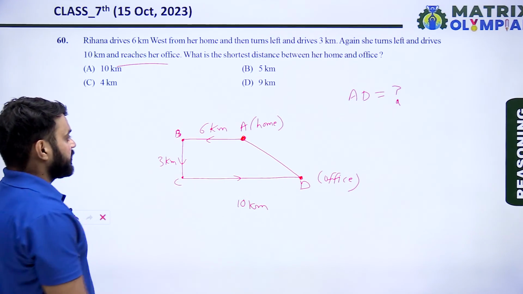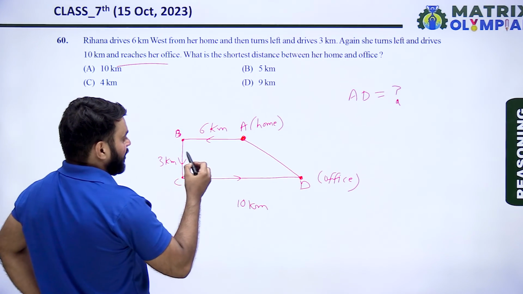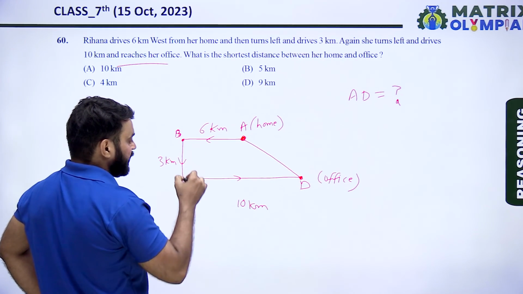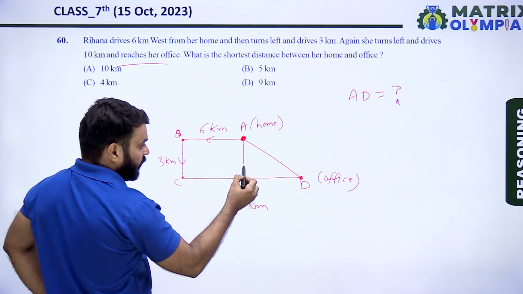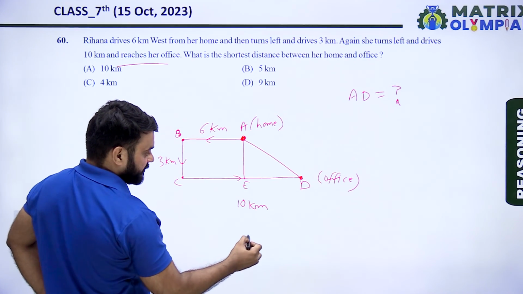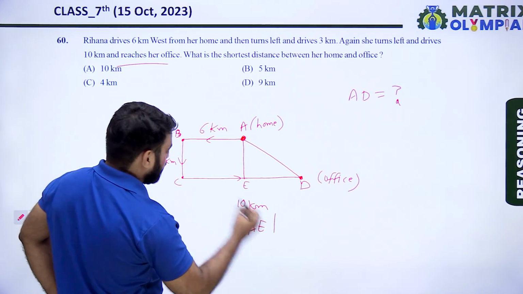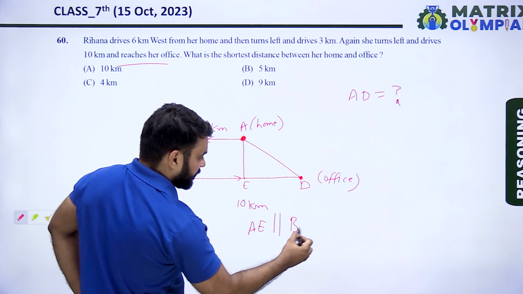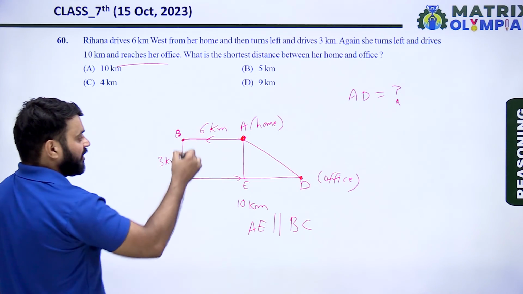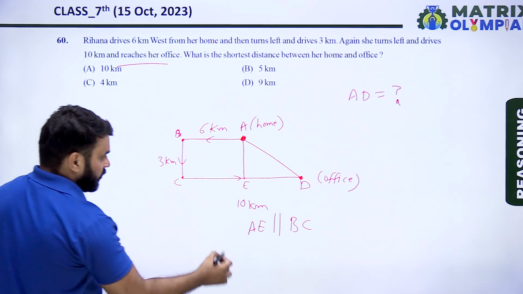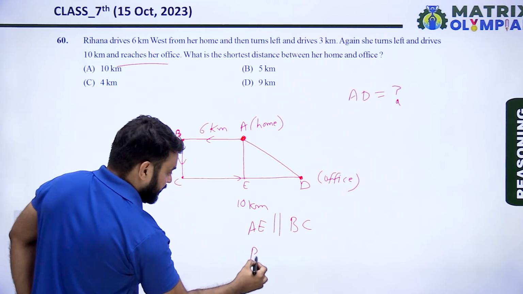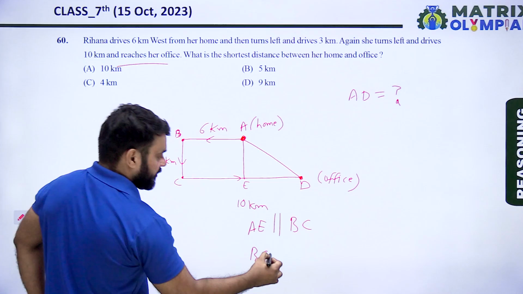According to this, first draw a line parallel to BC. So AE is parallel to BC.